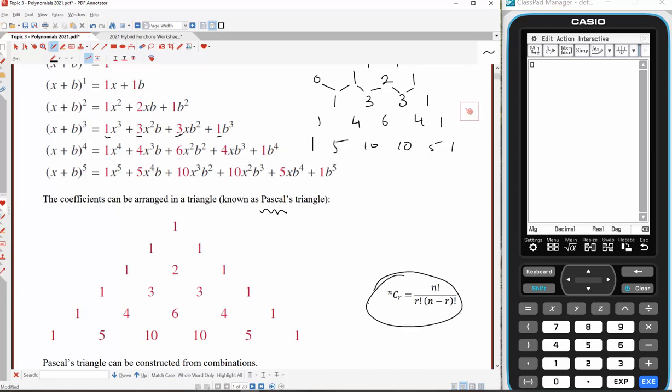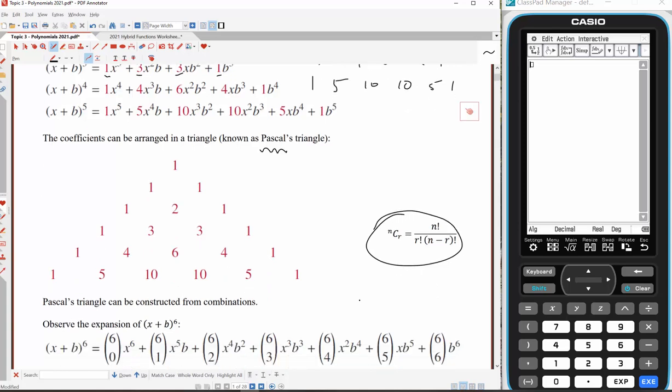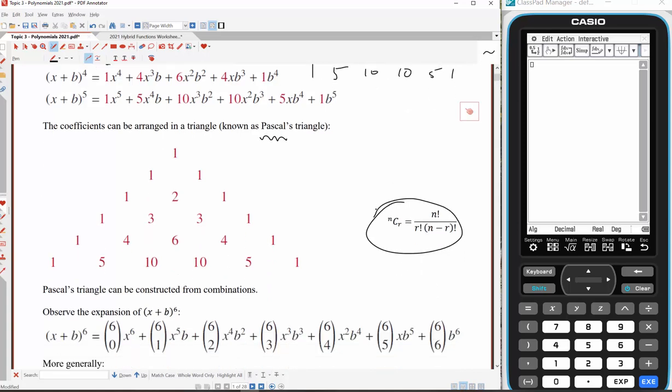Now, you might remember this formula from about the end of term 2 last year, or the end of unit 1 last year, and we use this formula when we work out combinations. Now, combinations, recall, are written like this: 4 choose 2. And that's the number of ways 2 objects can be chosen from 4 objects.